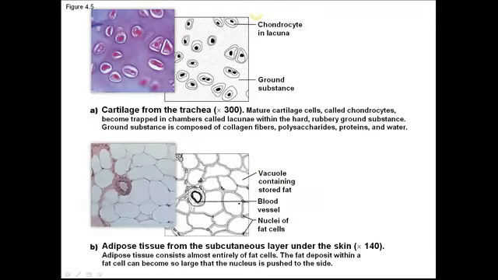Okay? So here's your lacuna right there, and here's your chondroblast right there. Okay? And here's a fat cell. They're very easy to identify. This is a blood vessel, and the cells just look like big blobs, and you can see the cell membrane here.